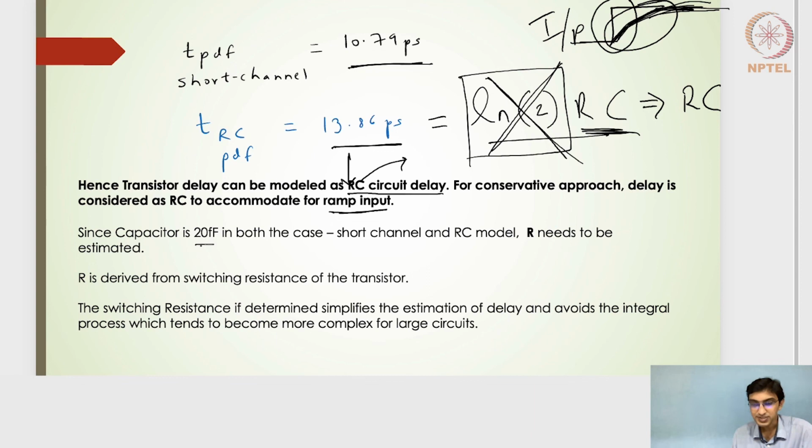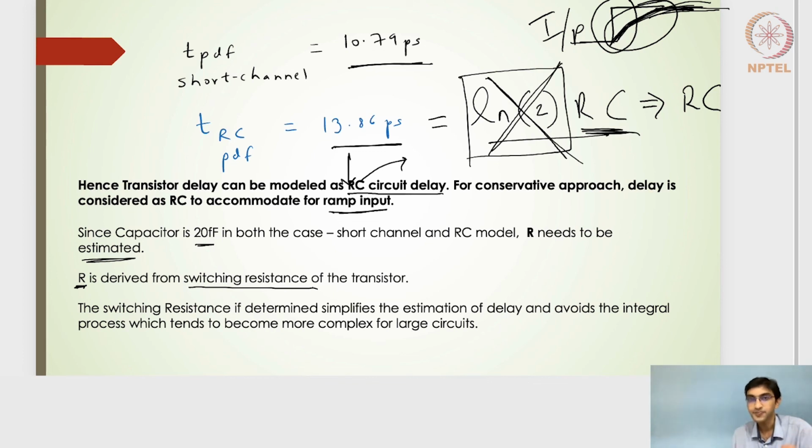So since the capacitor is 20 femtofarads in both cases, short channel and RC model, R needs to be estimated. So that's what we want. We need to estimate an R, and the R value is considered as a switching resistance of the transistor. So we will use the same capacitive load, whatever is given, 20 femtofarads or 10 femtofarads.